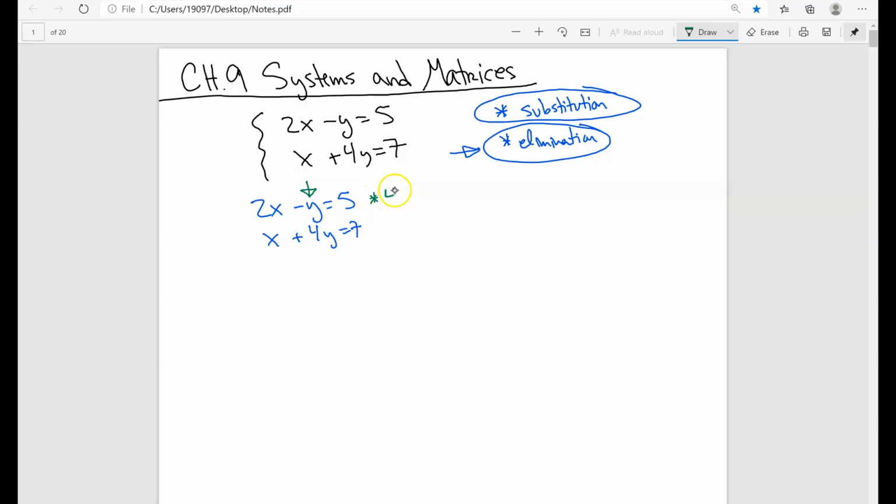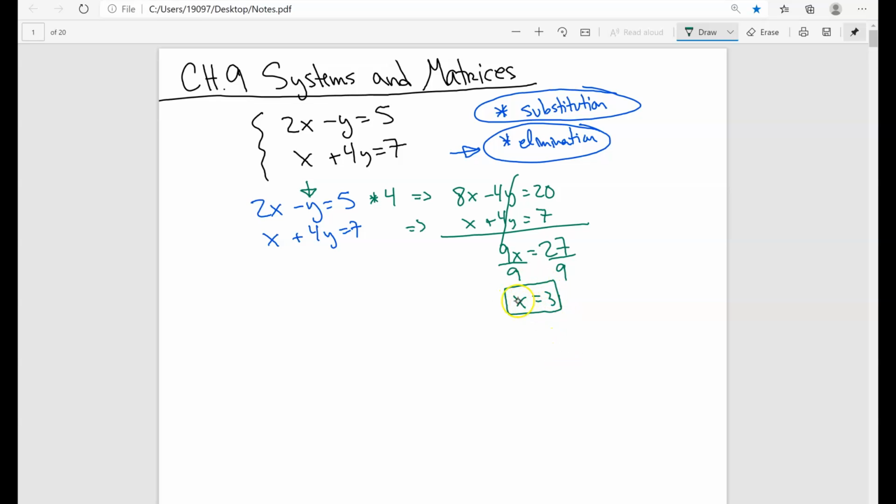So if I multiply this first equation by 4, you get 8x minus 4y equals 20, and your second one stays the same, x plus 4y equals 7. You can see that the y terms will go away. You're left with 8x plus x, which gives me 9x, and 20 plus 7 gives me 27. Then I just divide by 9, and x equals 3.